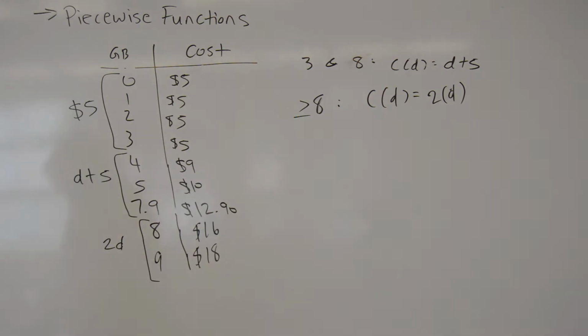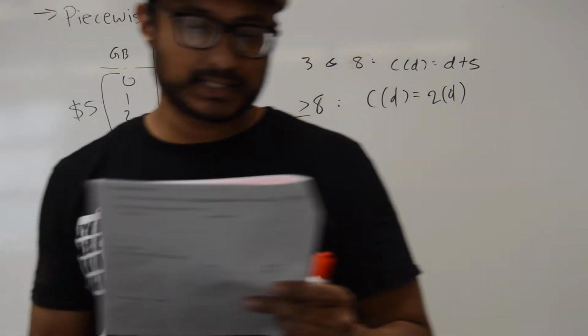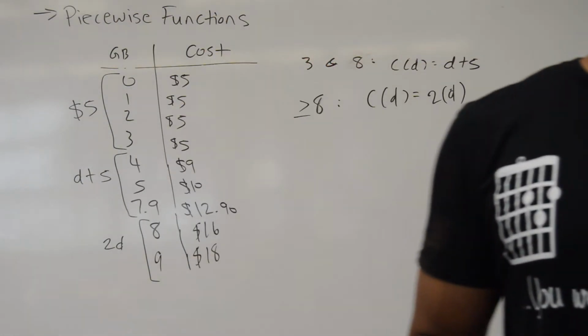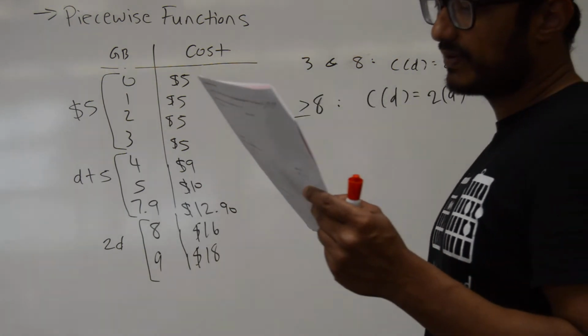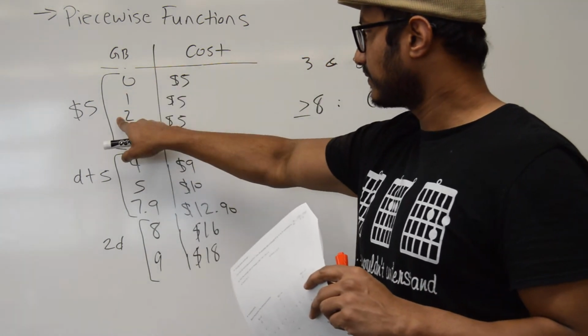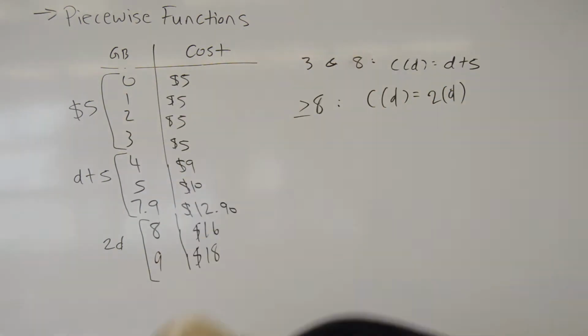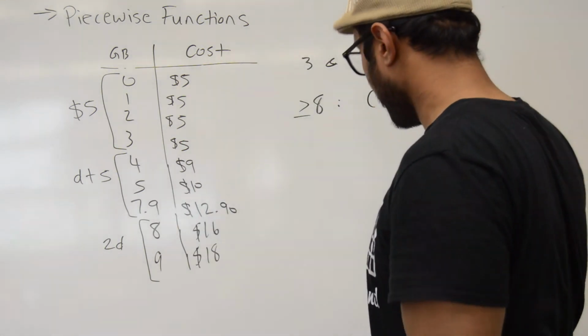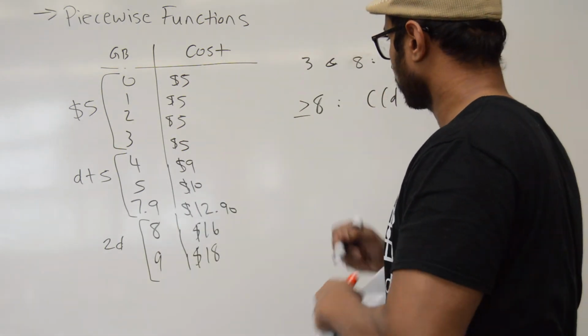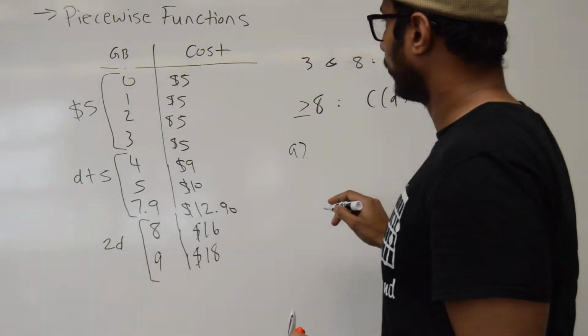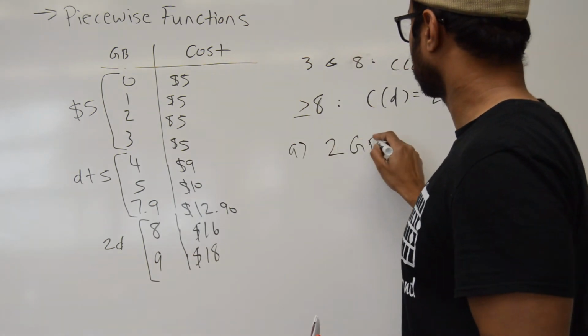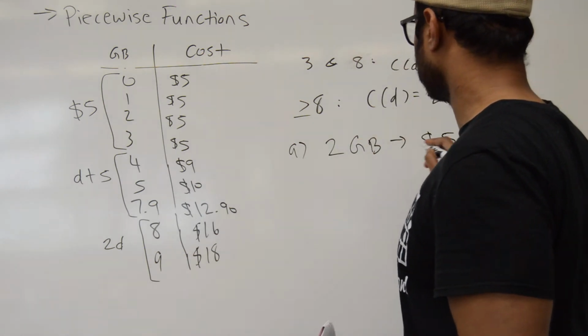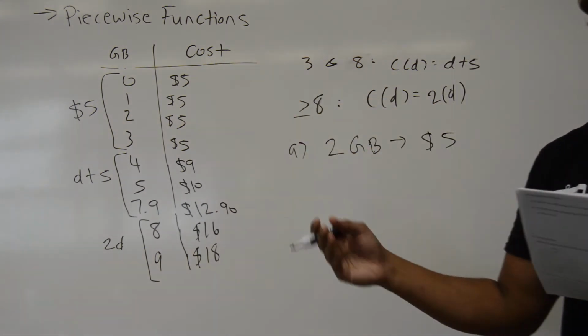Now let's go through our problem. Part A says, how much would an individual pay if he or she used 2 gigabytes of data per month? Well, if you used 2 gigabytes of data, then you would pay $5, because between 0 and 3, you're paying 5.